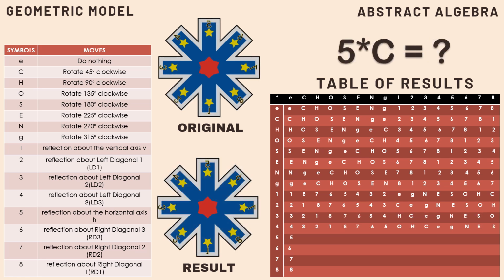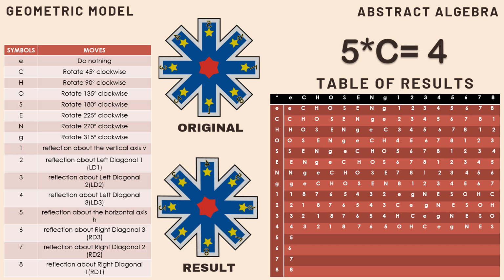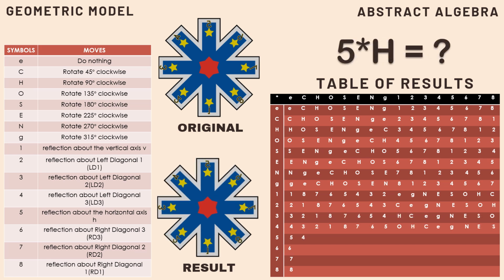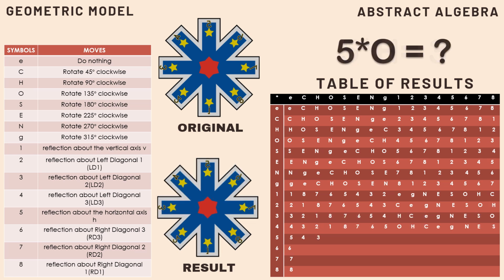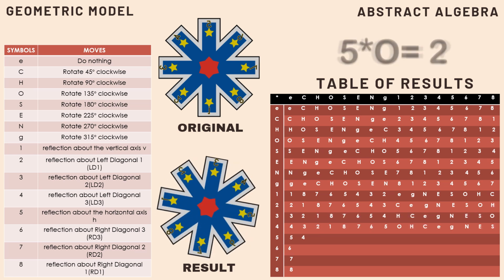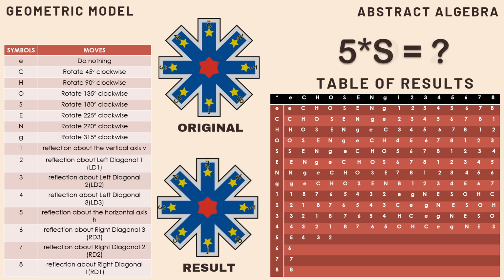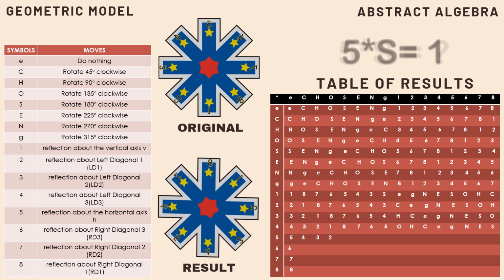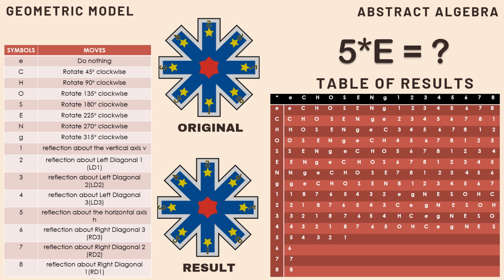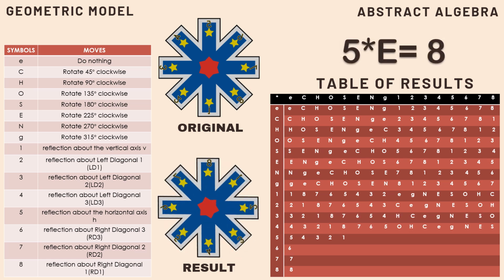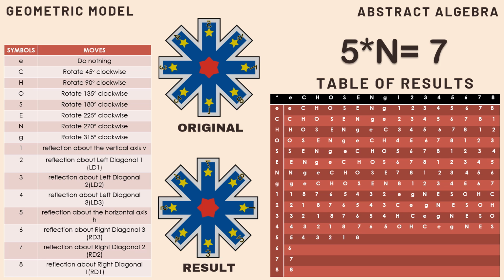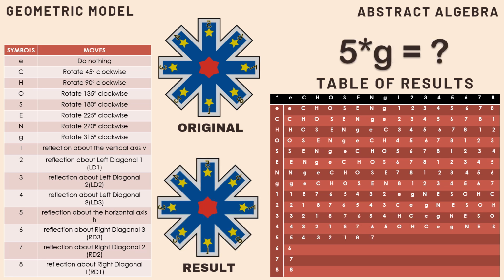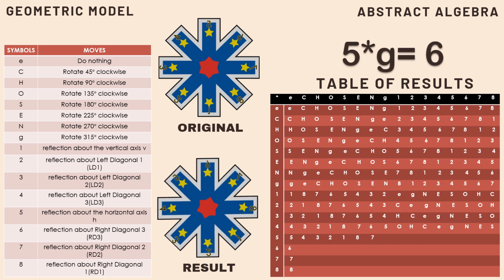5 star C is 4. 5 star H is 3. 5 star O is 2. 5 star S is 1. 5 star E is 8. 5 star N is 7. 5 star G is 6.